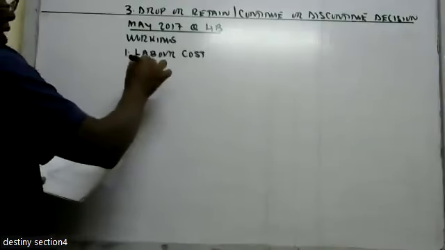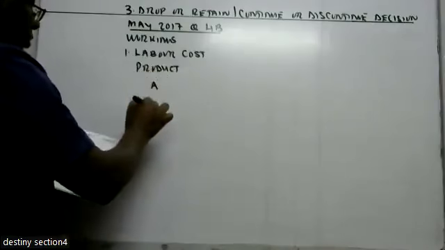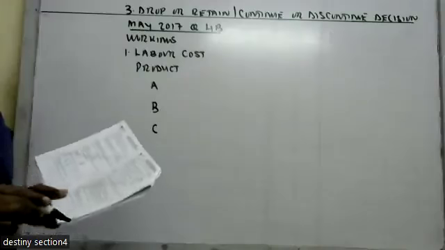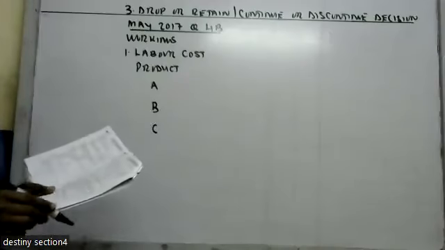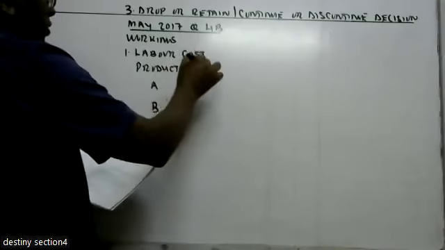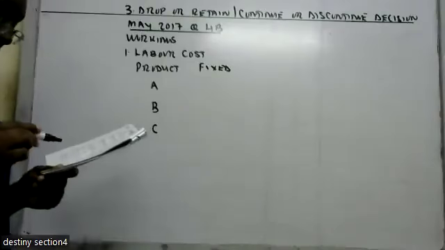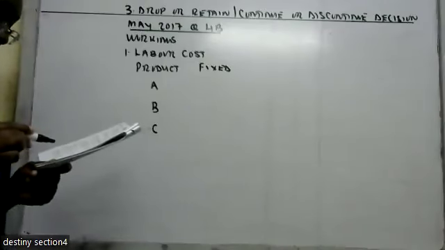We're going to have the product A, product B, and product C. Then we have the fixed. We are told 25% of it is fixed in nature.